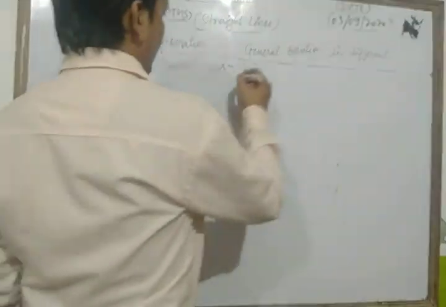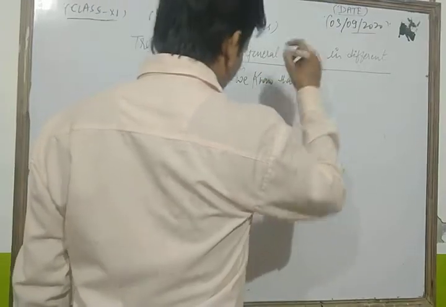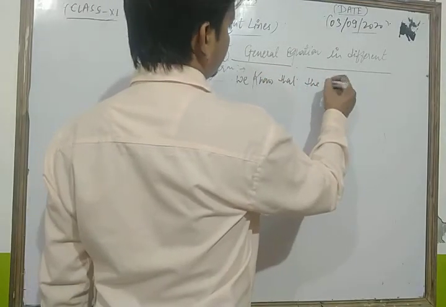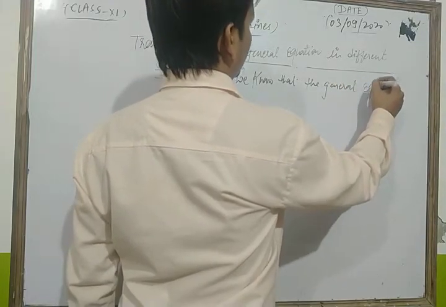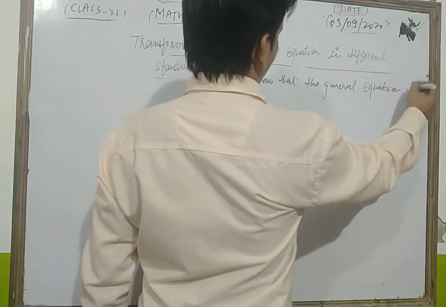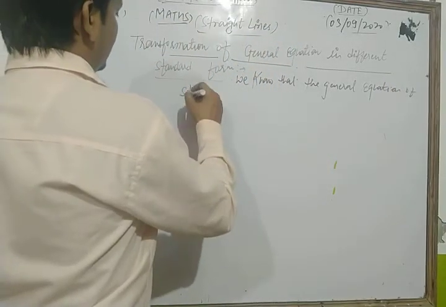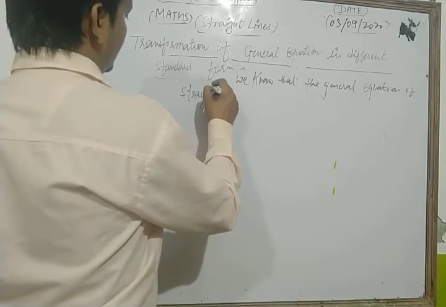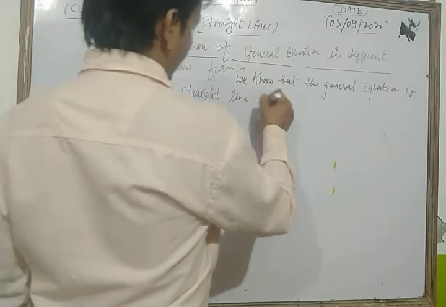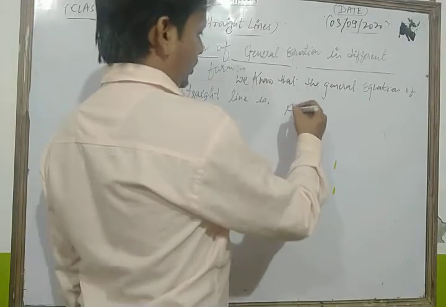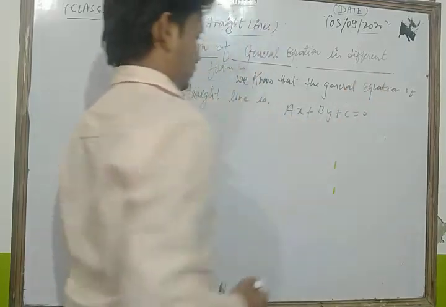Dear student, we know that the general equation of a straight line is ax plus by plus c is equal to 0.